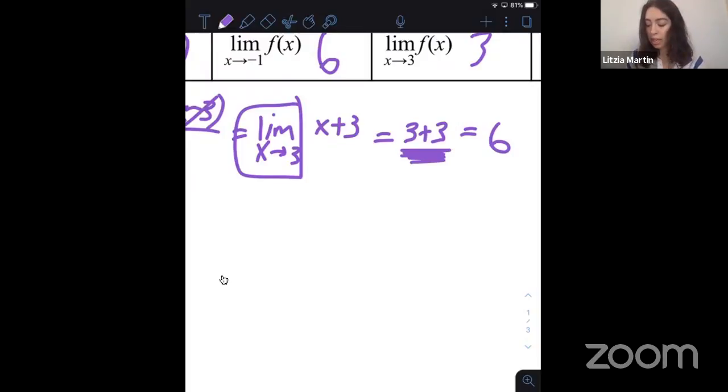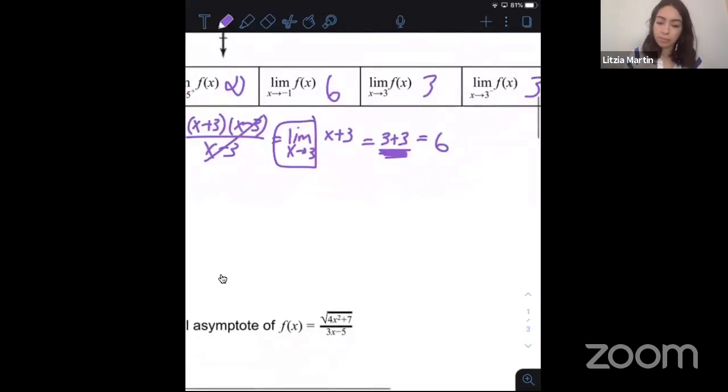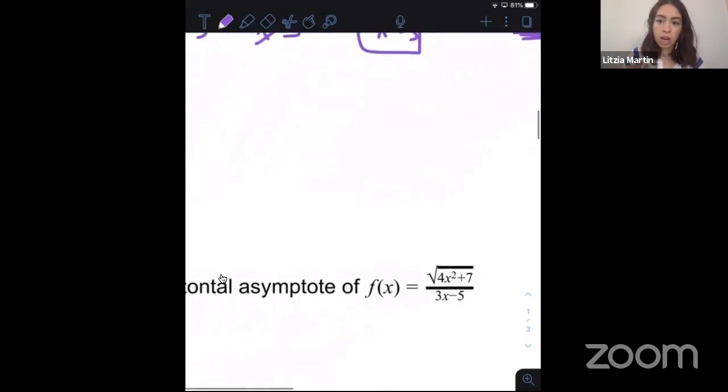Okay. Next one here, limit as x approaches 4 of this function. You want to just go ahead and do direct substitution right away. And when I plug in 4, nothing is going to turn to 0 in the denominator.